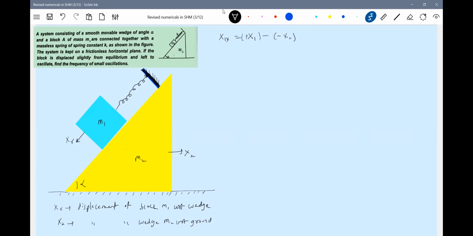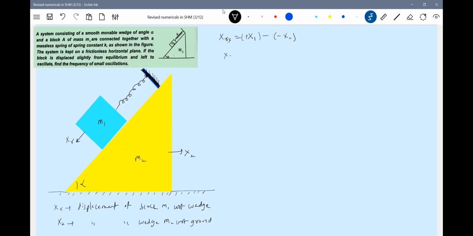xr is already there, no? Along the x-axis, xrx. So what is xrx? Displacement of the block with respect to the wedge along the x-axis. That should be equal to the displacement of the block with respect to the ground along the x-axis minus the displacement of the wedge. Why the negative sign? Towards left is positive, towards right is negative.